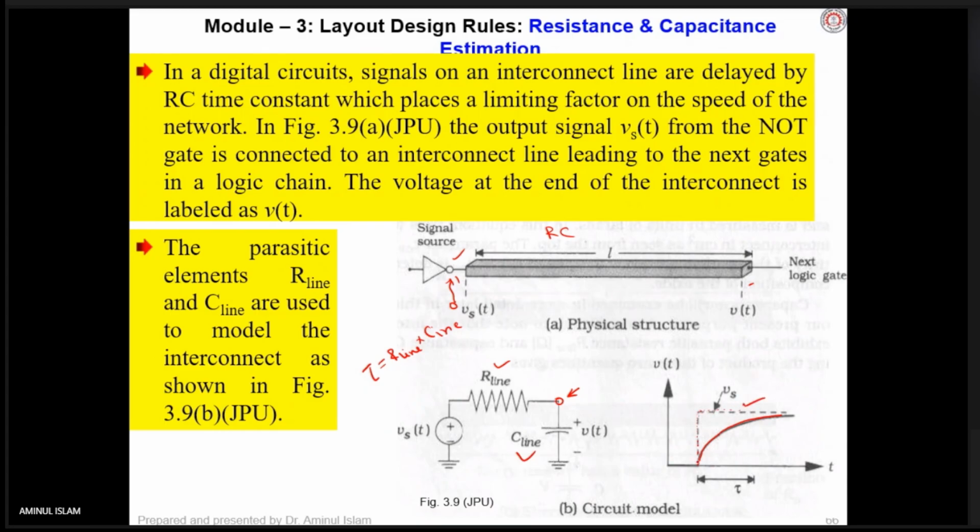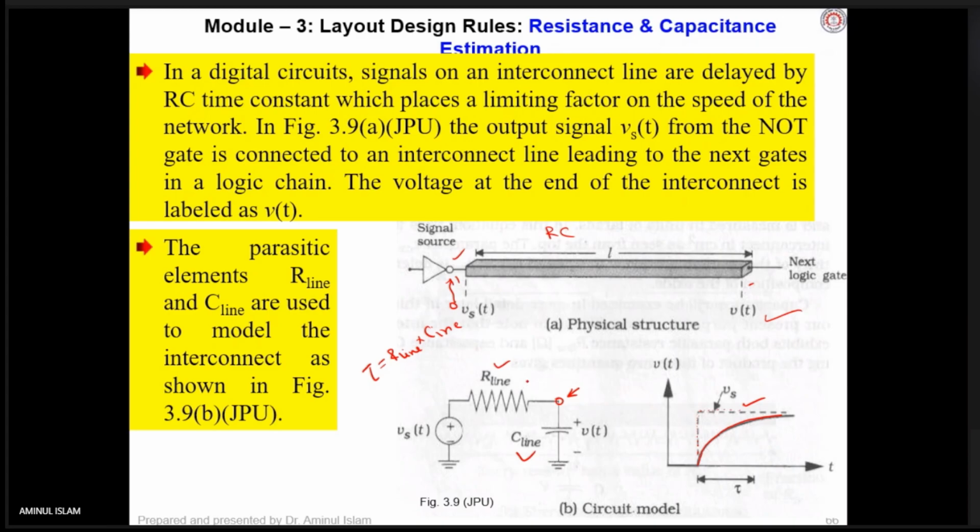Immediately it will rise from 0 to high, but your output V of t is going to rise very slowly, or exponentially, in this way. So it is creating delay. Your interconnect is going to exhibit delay for the circuit because it has resistance as well as capacitance.